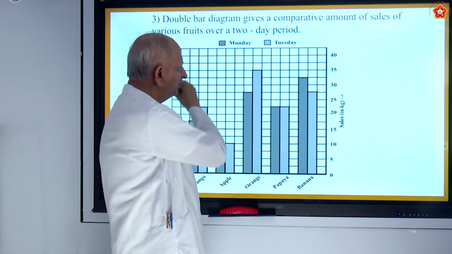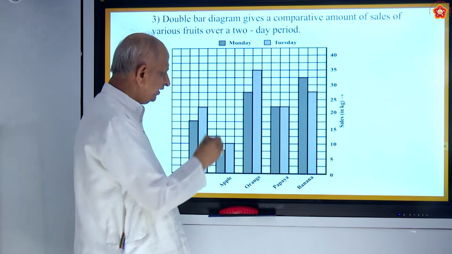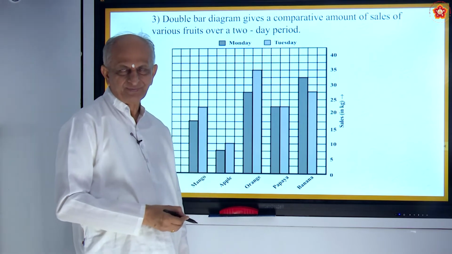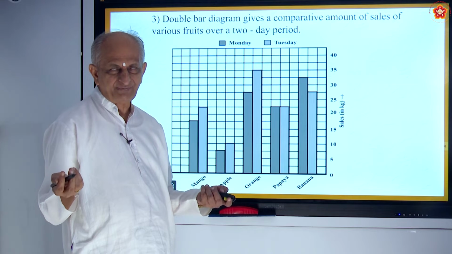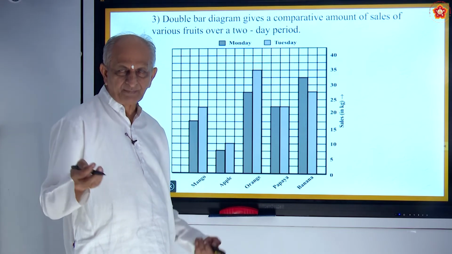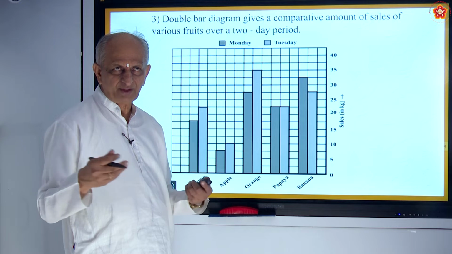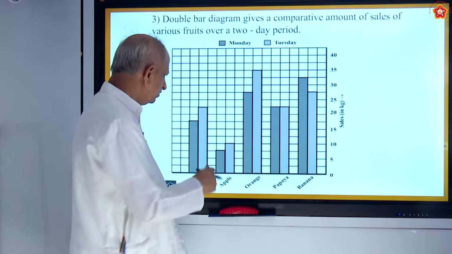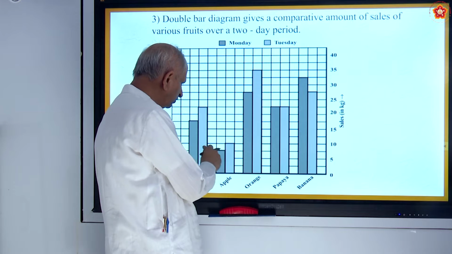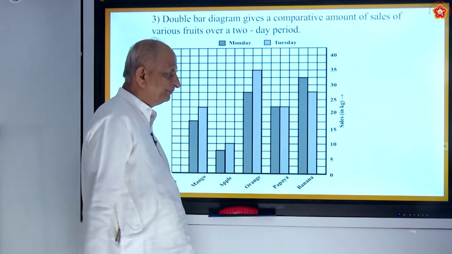So this graph, what is called a double bar diagram, shows the comparative sales. It may not be sales only, it may be production of goods in factories, or sales of vehicles, scooters, cars and so on. So it is a comparison for 2 successive years; here it is 2 successive days.